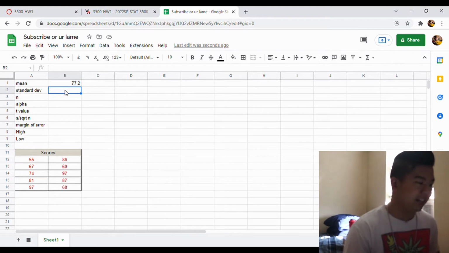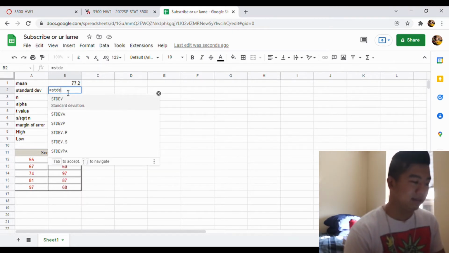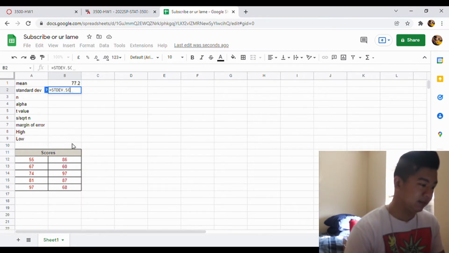Our formula for standard deviation is STDEV.S because it's a sample. That's what we're dealing with.